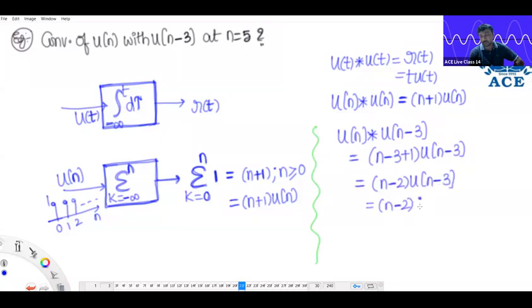Because of u of n minus 3, it indicates it covers after 3. Where is the result expected? At n equals 5. 5 minus 2 becomes 3.